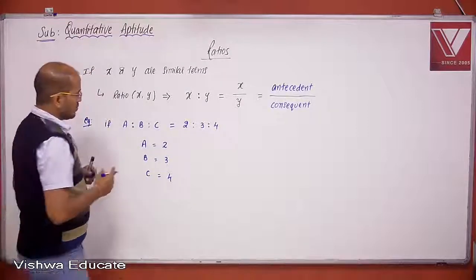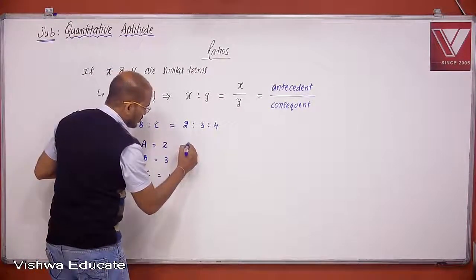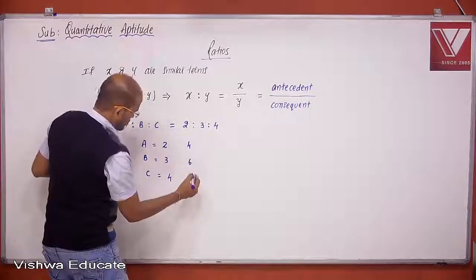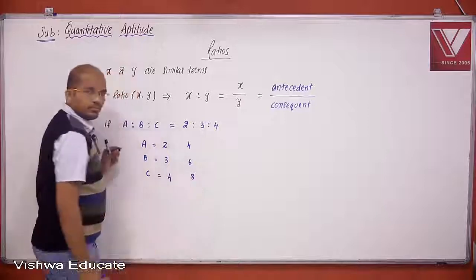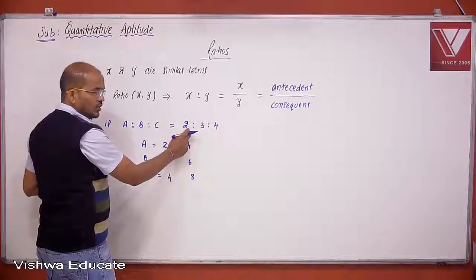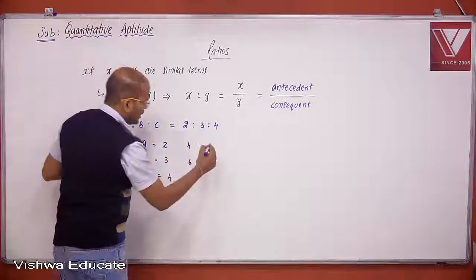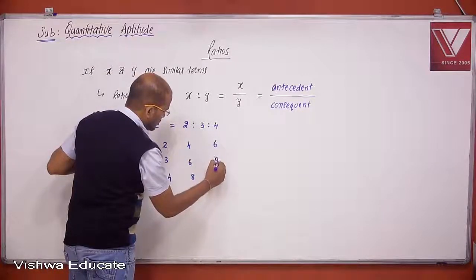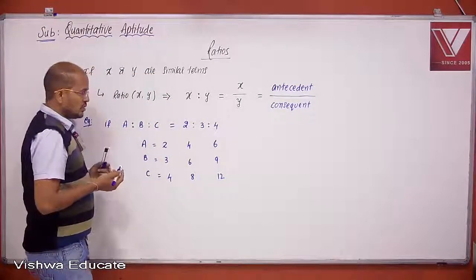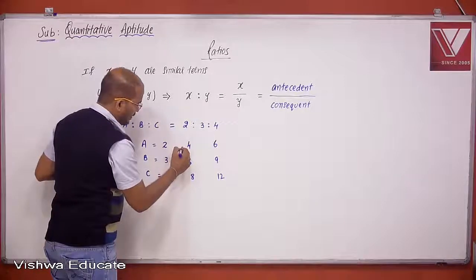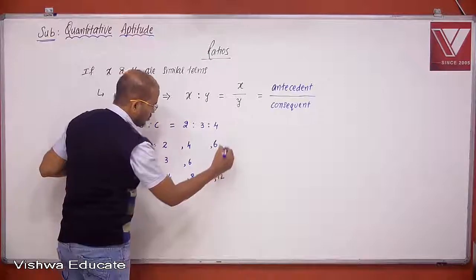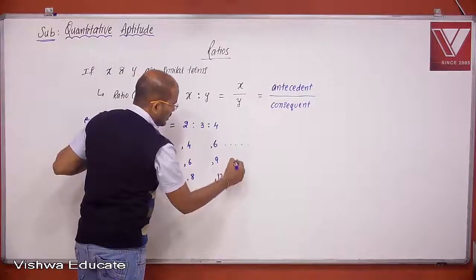Accepted. Can't it be 4, 6 and 8? Compare them. 4 is to 6 is to 8 is still 2 is to 3 is to 4. Can't it be 6, 9, 12? Yes. So now what is A? It can be any value.